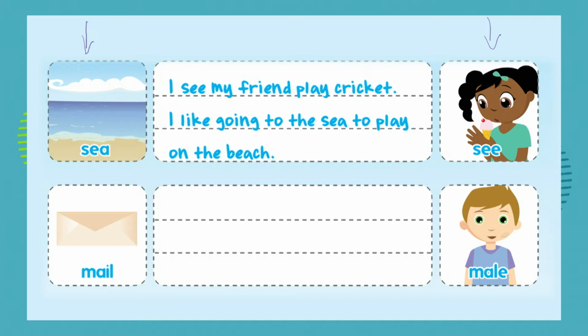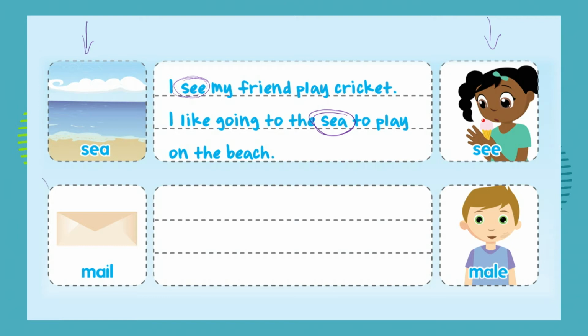I see my friend play cricket. So can you see that we're talking about the action to look, to actually see? And then we say, I like going to the sea to play on the beach. So when we use this sea, we make it clear that we understand that the S-E-A is for where we are at the beach.